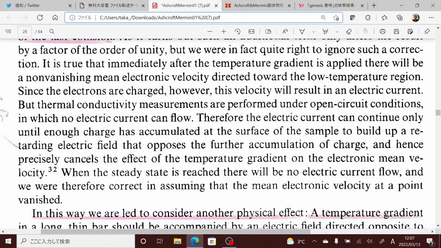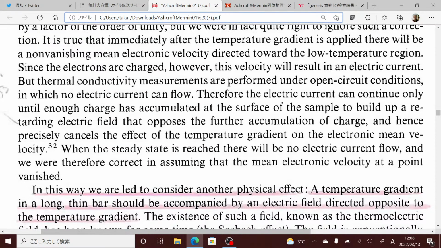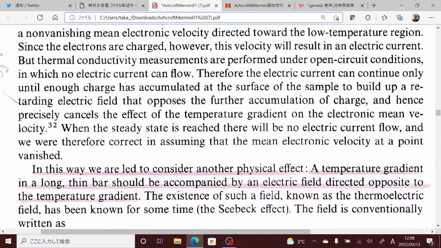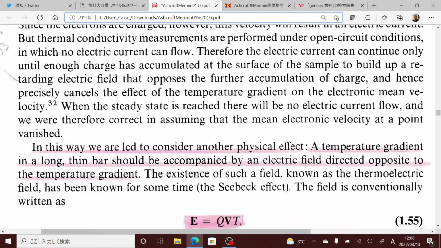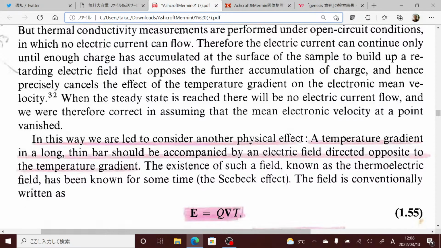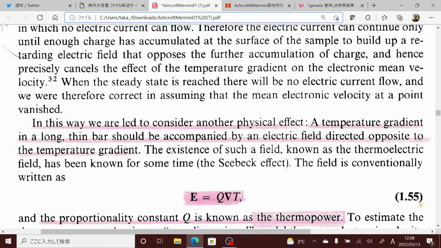Therefore, the electric current can continue only until enough charge has accumulated at the surface of the sample to build up a retarding electric field that opposes the further accumulation of charge, and hence precisely cancels the effect of the temperature gradient on the electronic mean velocity.